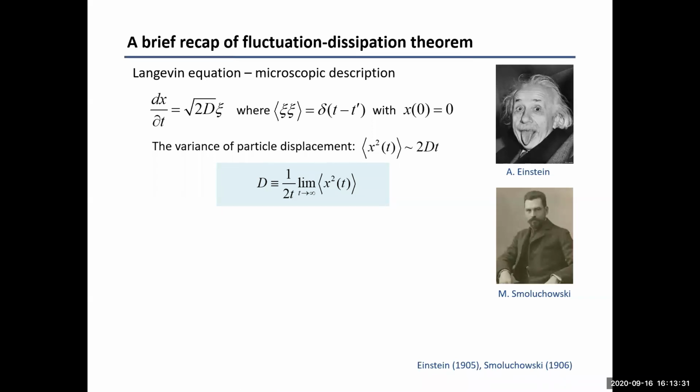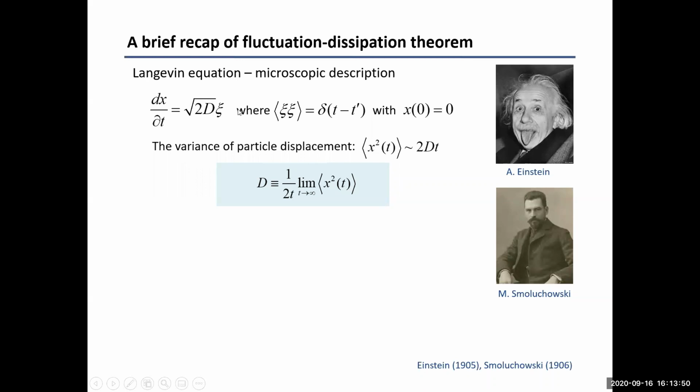So let me consider a Langevin equation, which describes the particle displacement in the presence of noise. Here psi is the delta-correlated noise, and I'm going to assume that the strength of the noise is square root of 2D.